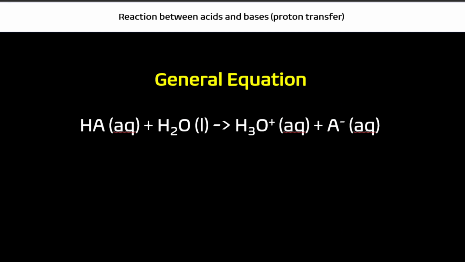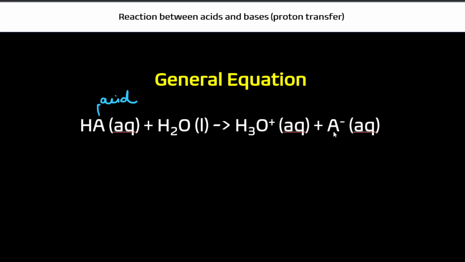So the general equation that we can always follow is HA, where the A represents an acid. When it reacts with water, it will form the hydronium ion and a negative anion.